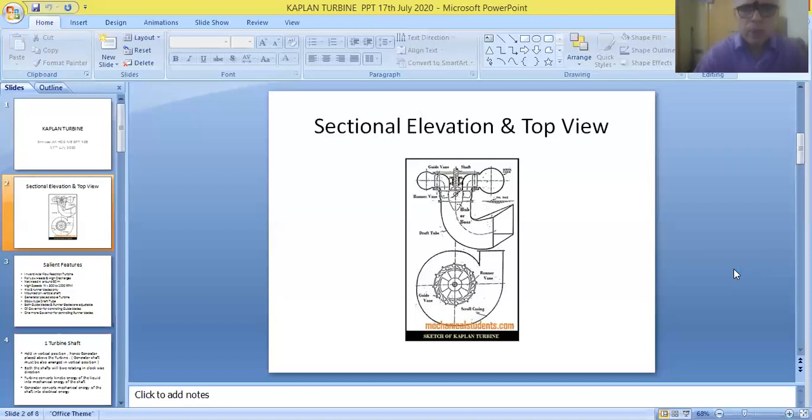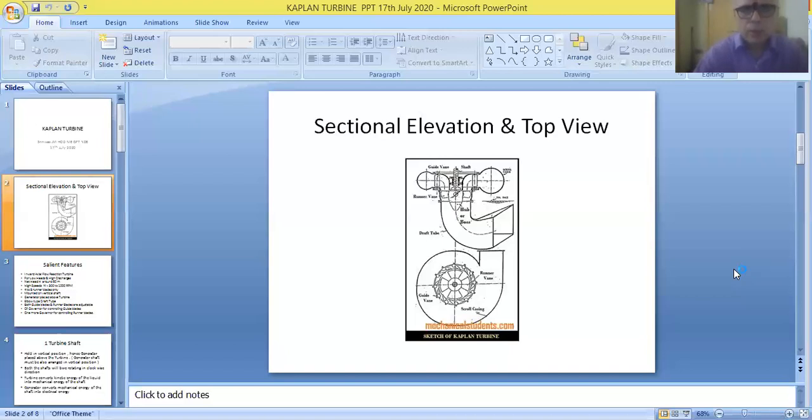And finally, the pressure of the liquid entering the runner will be greater than the pressure of the liquid leaving the runner. That means the inlet pressure will be greater than atmospheric pressure, and the outlet pressure of the runner will be less than atmospheric pressure.